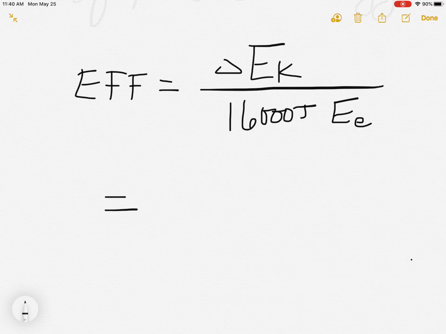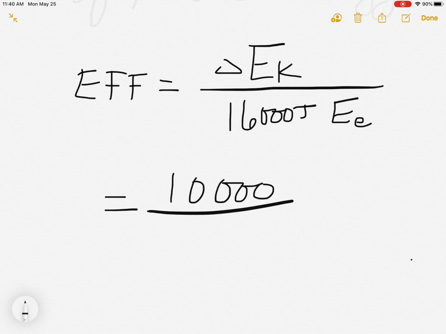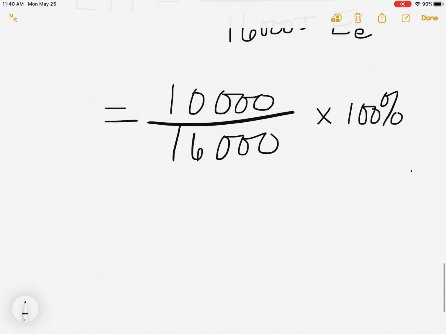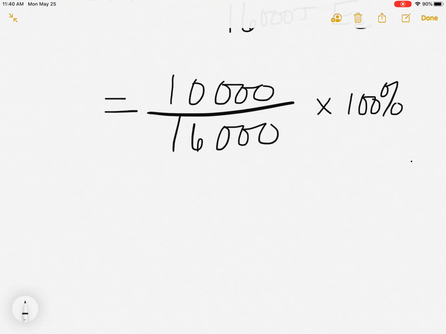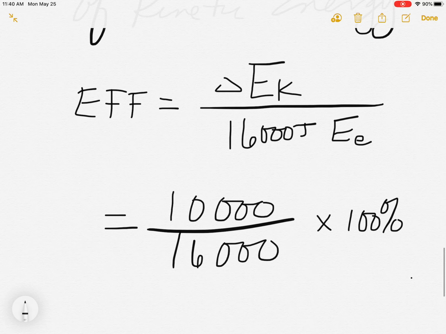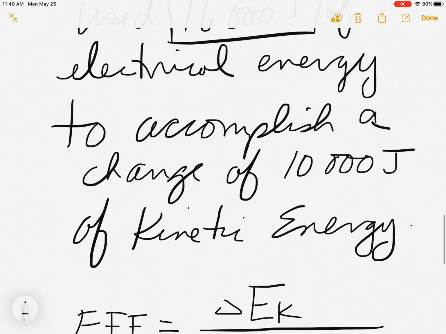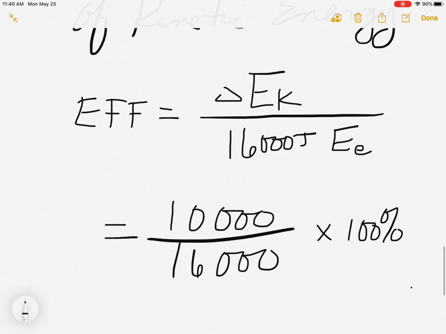And our number, of course, was 10,000. So now you can see how we just do the efficiency by saying 10,000 divided by 16,000. And sometimes people will multiply this by 100% just to put it in percent form, right? But you can do it as a decimal form or a percent form. It doesn't really matter. It's just a comparison. So that's how efficiency works.